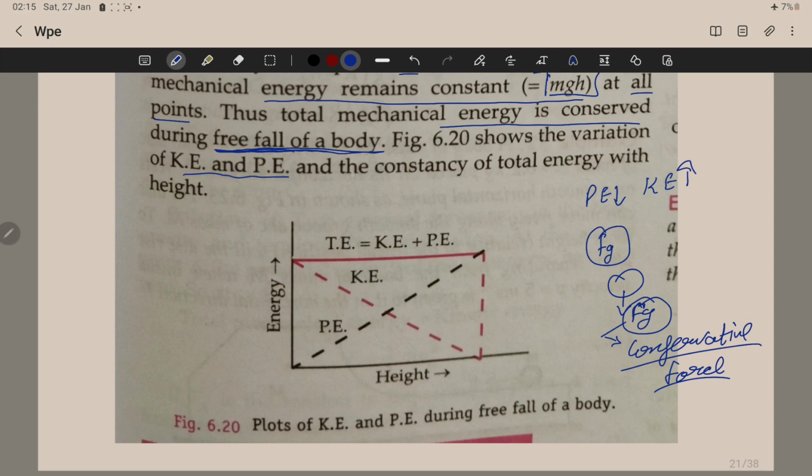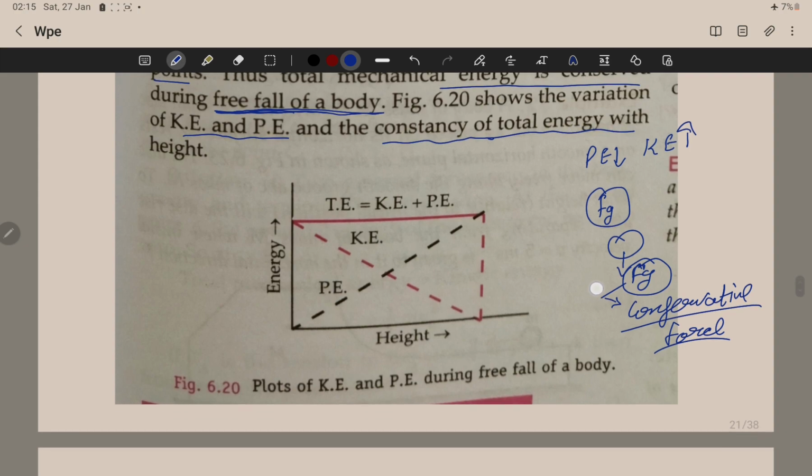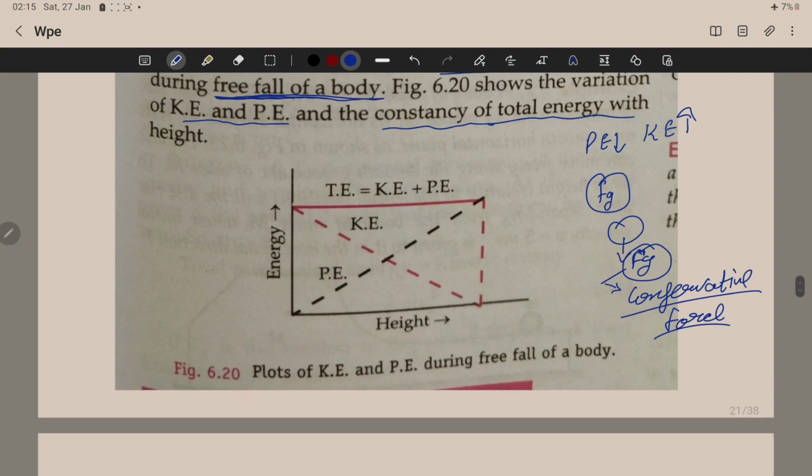Now the variation of kinetic and potential energy and the constancy of total energy with height. If we show it in the diagram, this represents the height. When the height is zero, potential energy is zero, and as the height increases, the potential energy increases, while the kinetic energy decreases. At the maximum height h, potential energy is maximum and kinetic energy is zero.